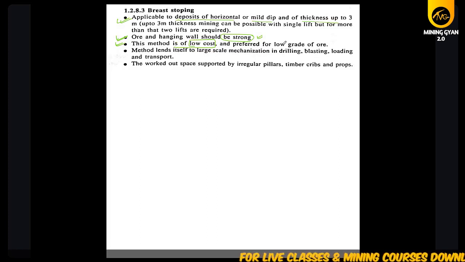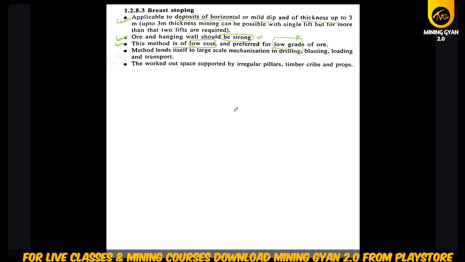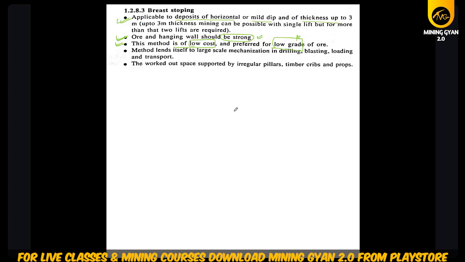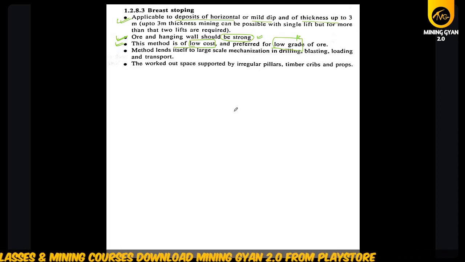This method is preferred for low grade. So this line you should revise multiple times. Whenever this type of question comes, they will not name the breast stoping directly. They can ask in the options that these are the specifications of a stoping, which type of stoping.